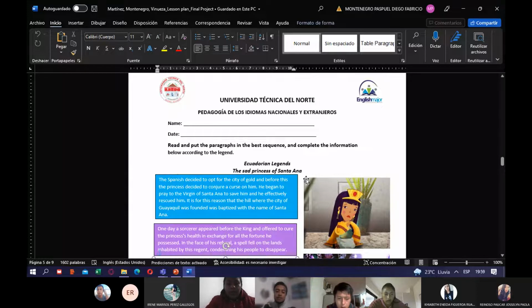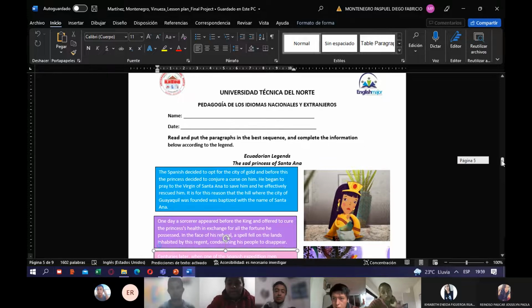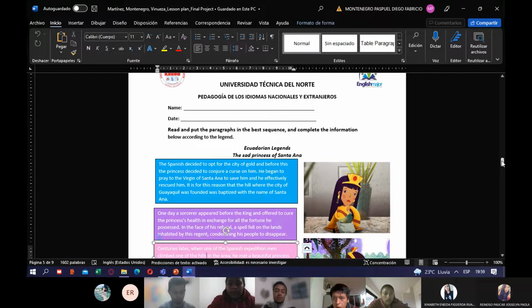The first say the Spanish decide to opt for the city of Bold, and before this, the princess decided to conjure a curse of him.